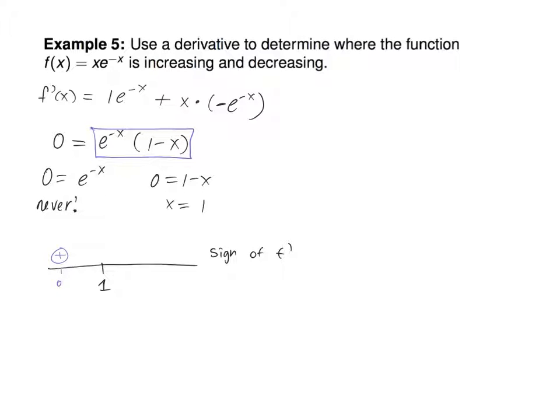Past 1, something like 2, e to the negative 2 is some positive number, but 1 minus 2 is negative, yes? So, negative. Therefore, f is increasing on the interval from negative infinity to 1, and f is decreasing on 1 to infinity.